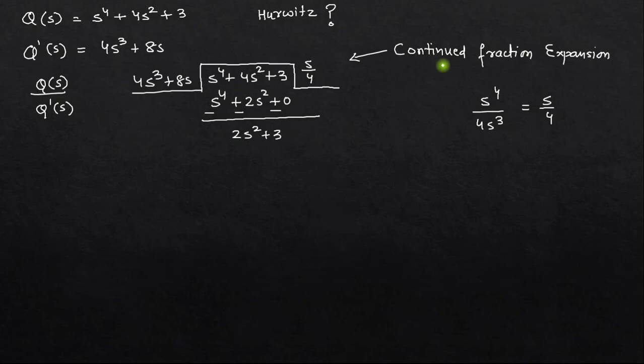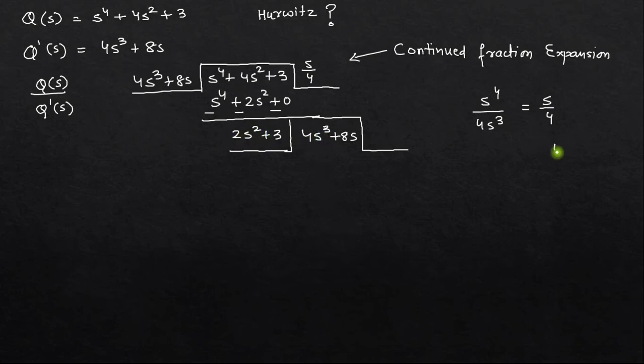As we are performing the continued fraction expansion, we will consider this remainder as our new divisor, and the old divisor, which was 4s cube plus 8s, to be our new dividend. So I will write it here, 4s cube plus 8s. I need 4s cube, but I have 2s square.